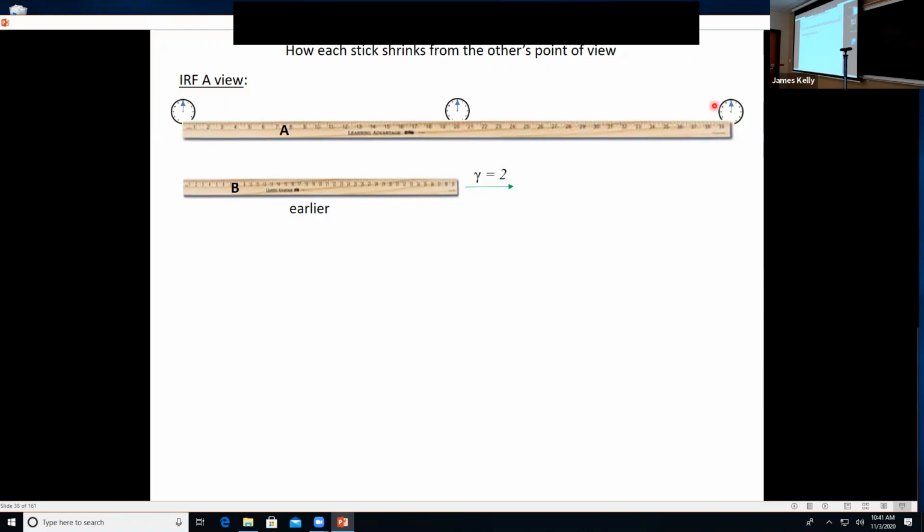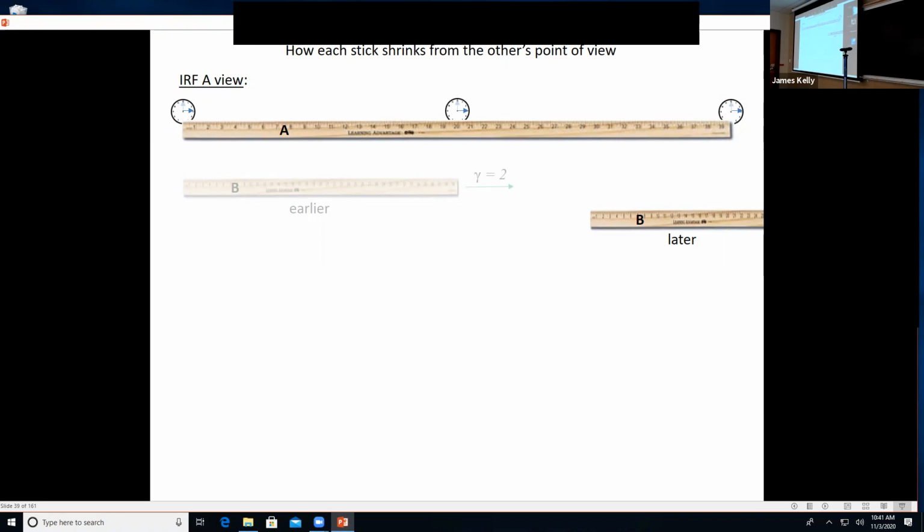And let's imagine B zooming by at gamma equals 2, so it's going to be length contracted by a factor of 1/2. And here it is at some earlier time. At some later time, maybe it's zoomed farther. These clocks, of course, we're doing the IRF A point of view, so they all are still synchronous, and they've elapsed by a certain amount of time, so many nanoseconds, as that thing is zooming by.